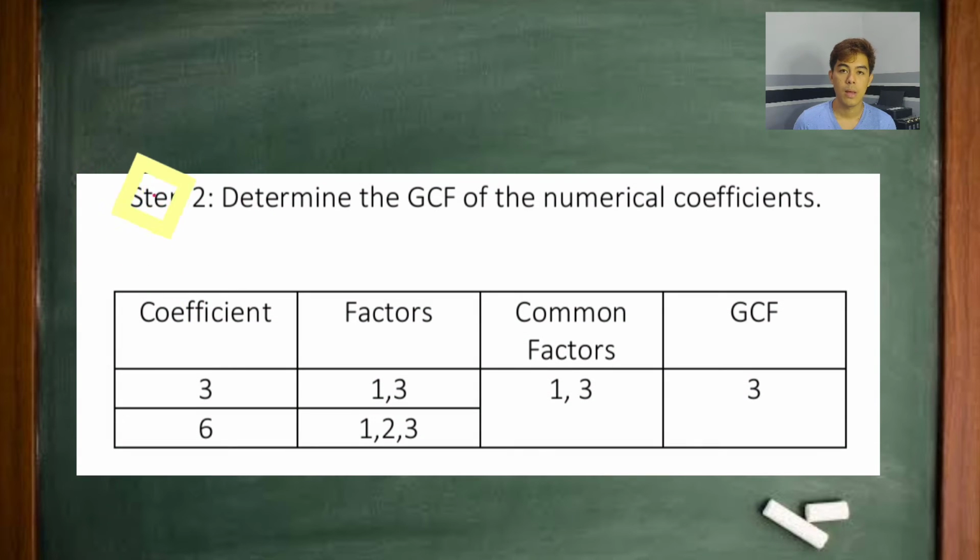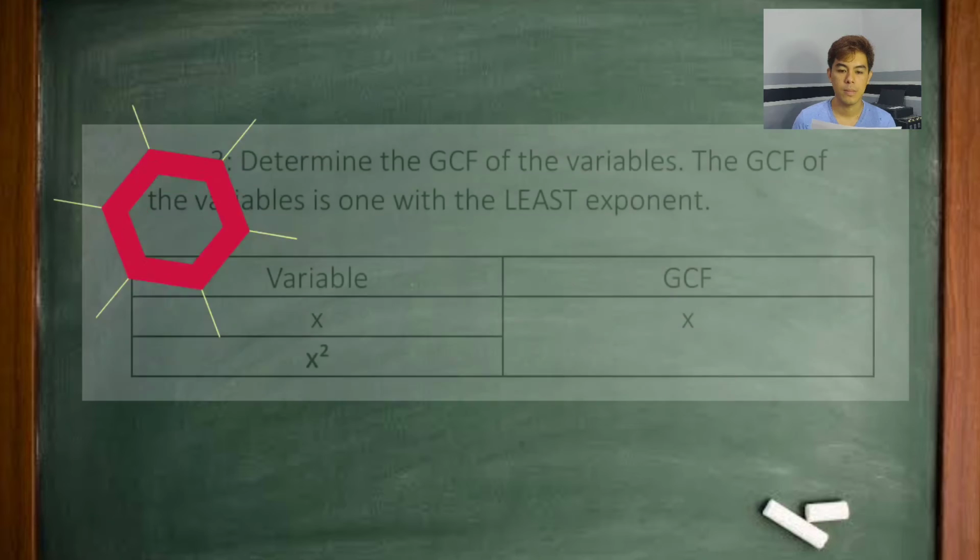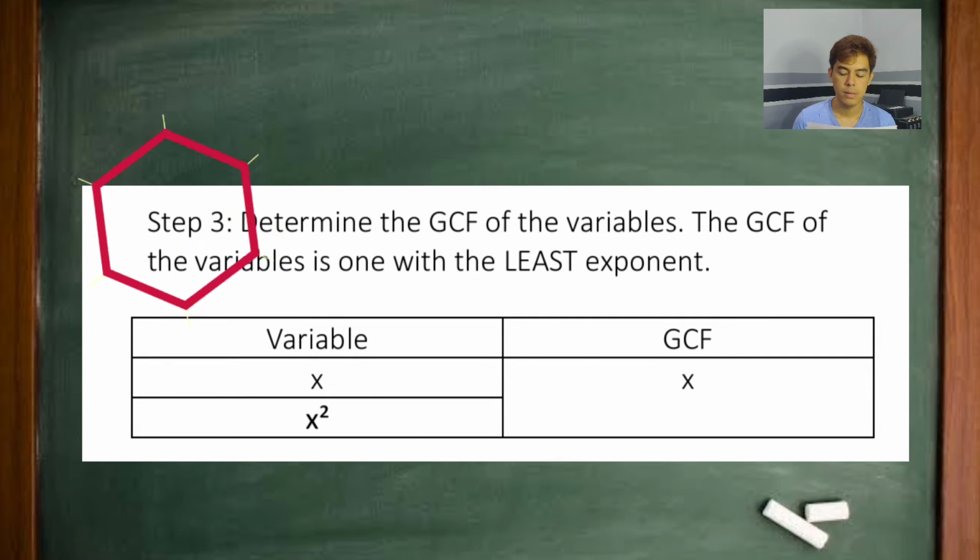Step number 2 is to determine the GCF of the numerical coefficients or yung mga number na present sa ating expression. So ang GCF ng 3 at 6 ay 3. Para naman sa step number 3, hahanapin natin ang GCF ng mga variables or ng mga letters na present sa ating expression.